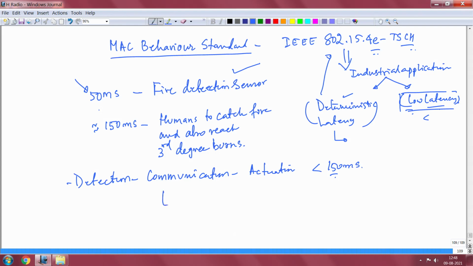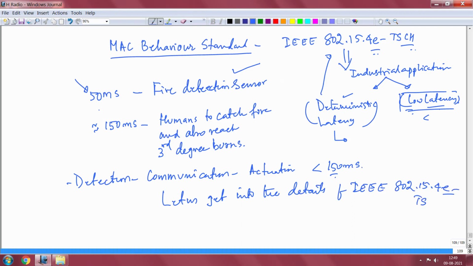So, let us get into the details of IEEE 802.15.4e dash TSCH, time synchronized channel hopping. Great.